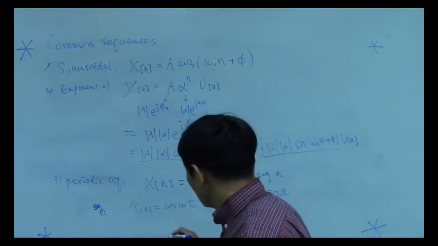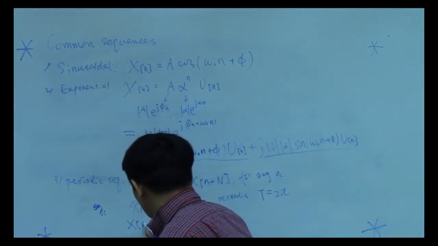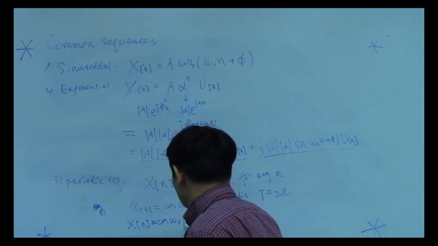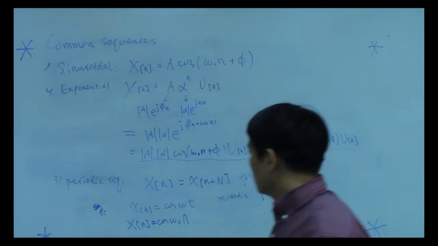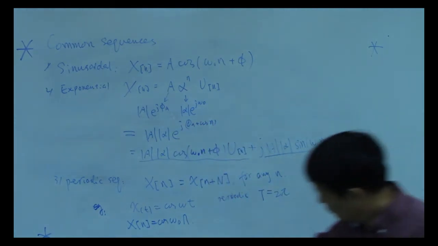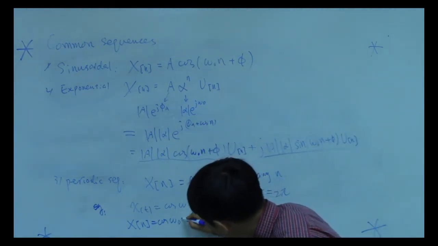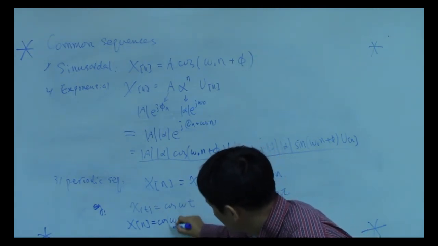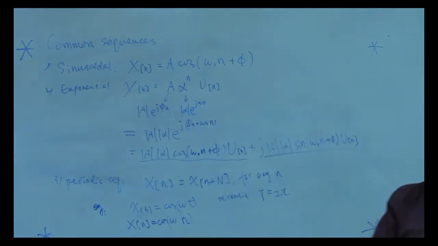Now we discuss another one. x(n) equals cosine omega 0 n. Is this periodic? We just write omega, so it's just like here, omega n. Is this periodic? Yes, first one, yes.